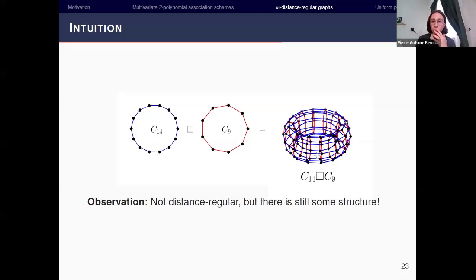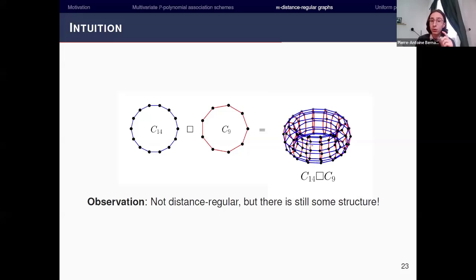And it's easy to show this because if you take two vertices in this toroidal graph that are at distance 1, and you ask, okay, how many vertices are at some other distance I from x and another distance j from y, the answer will depend on the choice of color of the edge between x and y.